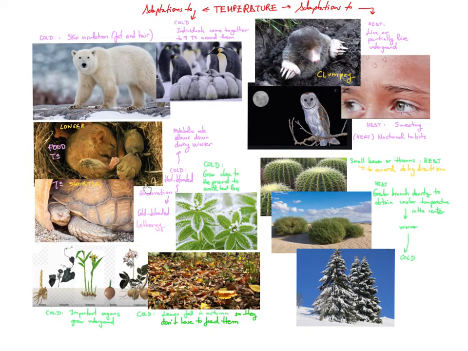Another adaptation is hibernation and lethargy. These concepts are very similar. Hibernation is related to warm-blooded animals, and lethargy is more related to cold-blooded animals. They are very similar, but they have some differences.